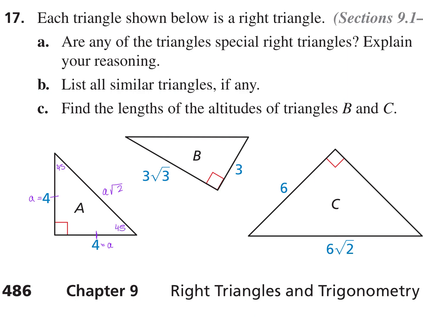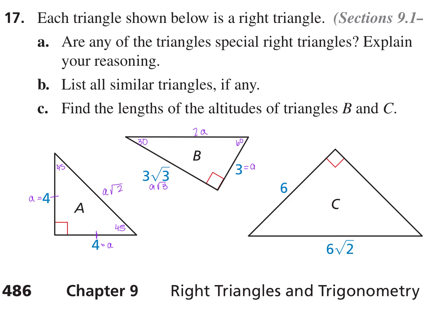All right, looking at B. Let's say if I made this a 30, 60, 90 triangle, let's see if it follows those qualifications. Let's say that this is A. This is a radical 3, and this would be 2a. Yes, that works.